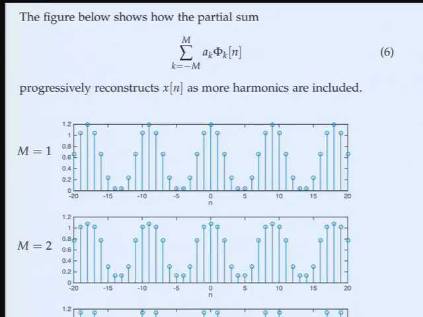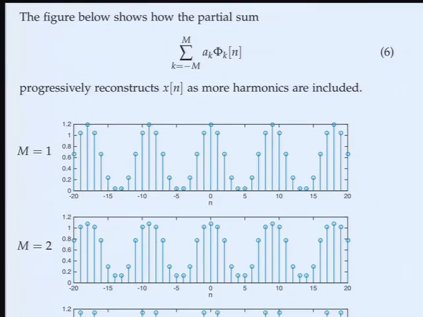If I only use M equal to 1, that means I only take into account a1, a0, a negative 1. Only 3 terms out of 9 are used, right? And obviously I'm not going to recover the pulse train I had, right? That was a square-shaped thing. This doesn't look anything like that.